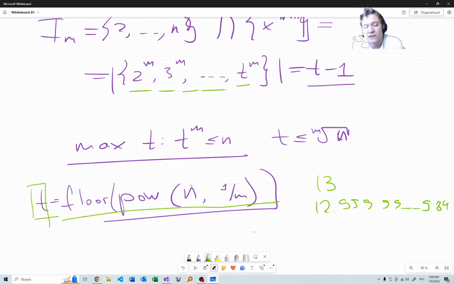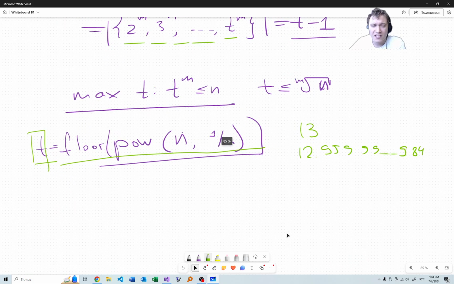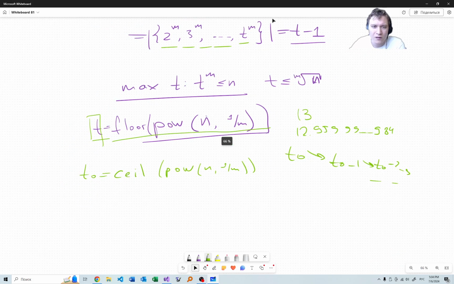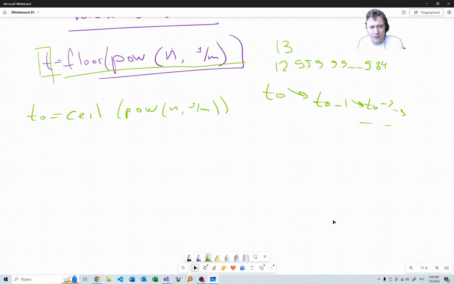So we need to fix that somehow. I decided to fix it that way. I take the ceiling of this power, and this is some number t0. And then I try to decrease number t0 while I still have... So our pseudo algorithm works like this. t0 is the ceiling of the mth root of n.